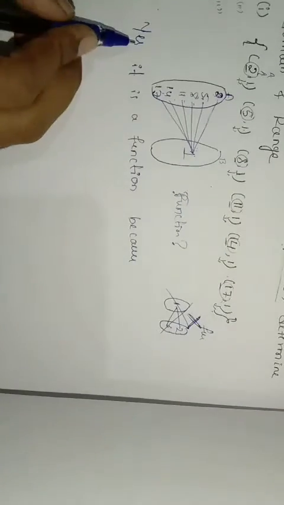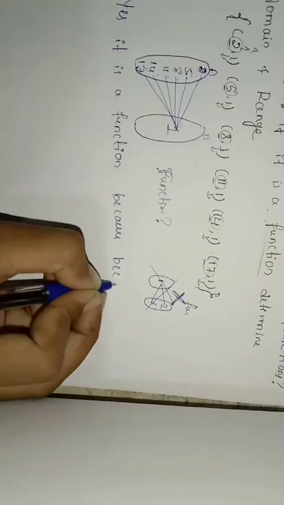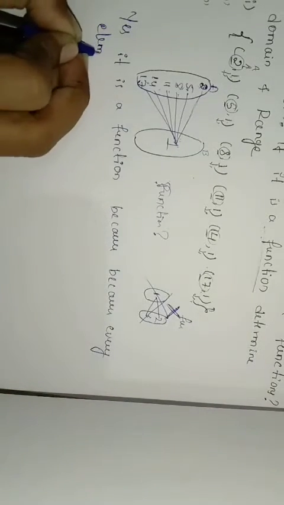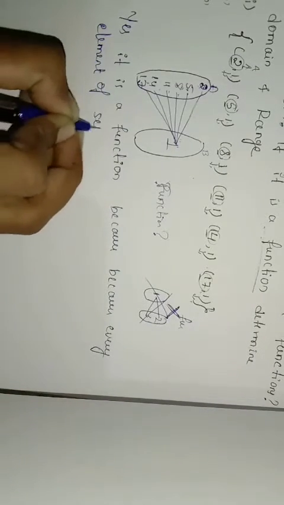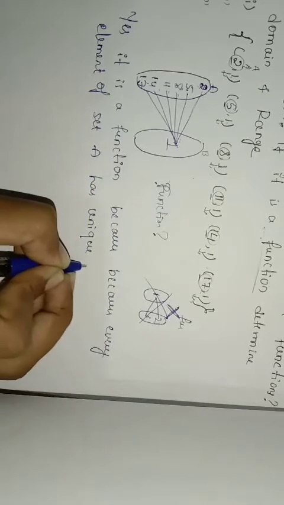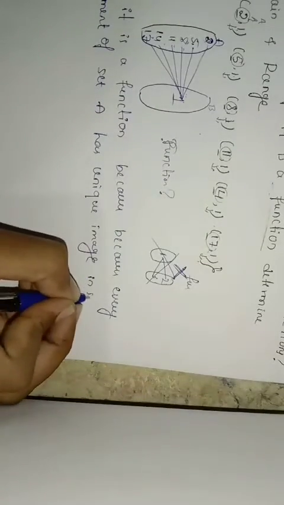So what do you have to write? Yes, it is a function because every element of set A has a unique image in set B. You have to write that this is a function, and then write the domain.